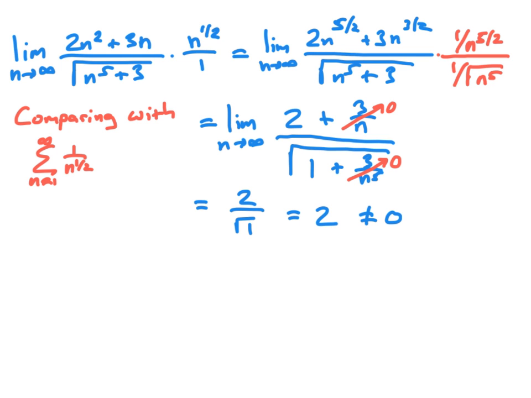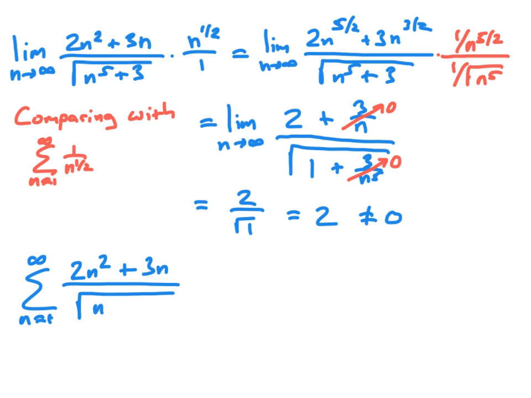We already saw that the series 1 over n to the 1/2 is going to diverge. That is a divergent p series with p equal to 1/2. And so, using the limit comparison test, we can conclude that the series from n equal 1 to infinity of 2n squared plus 3n over the square root of n to the 5th plus 3 will also diverge.